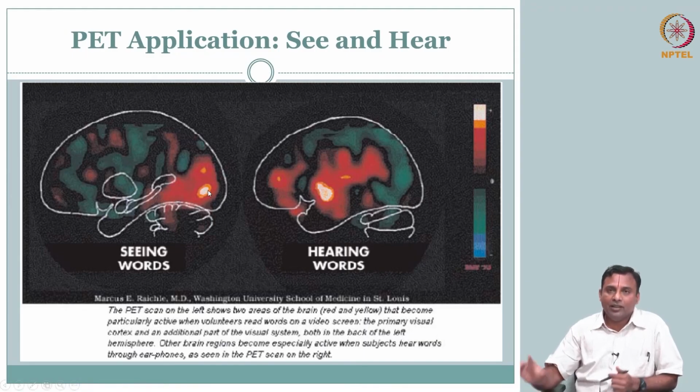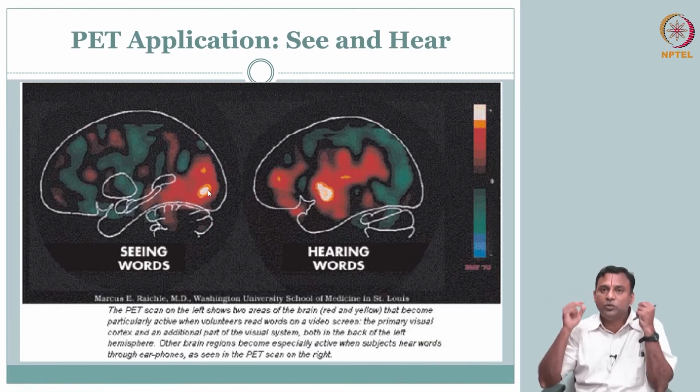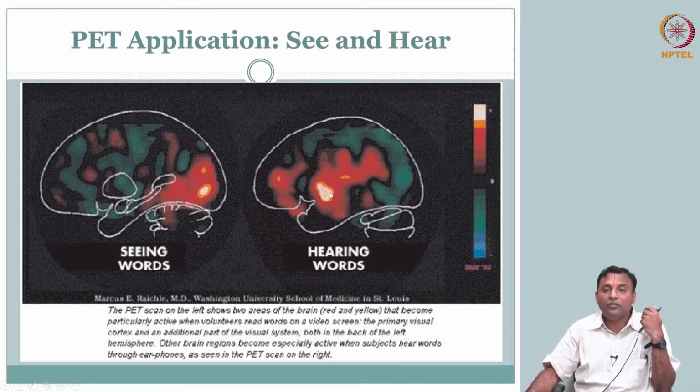Whereas the same thing, if the same content, if they are asked to hear through an earphone, right, they are not seeing, but they are hearing, a different part of the brain is getting active. So all these, I mean, this is a cool image, right. It is borrowed from here, but the idea is functional imaging, we said what are the insights that we can get here. You can give radioactivity, you can see where high metabolic activity happens, right.